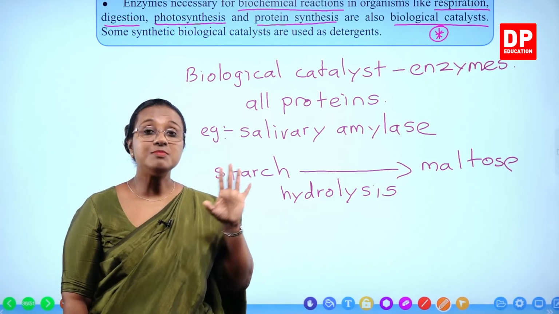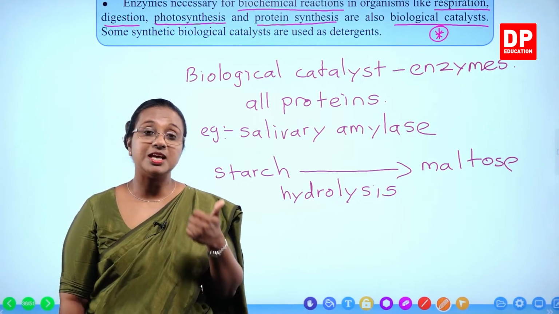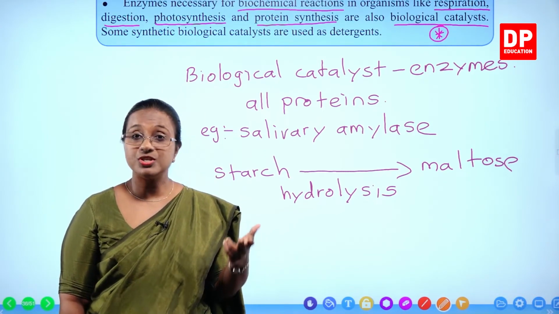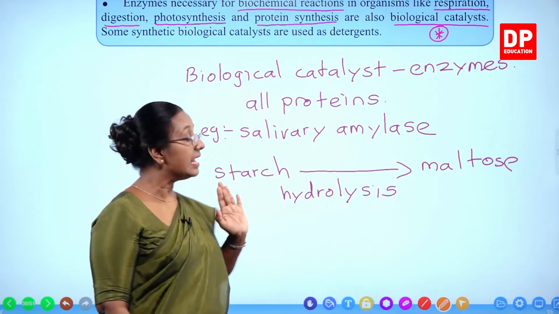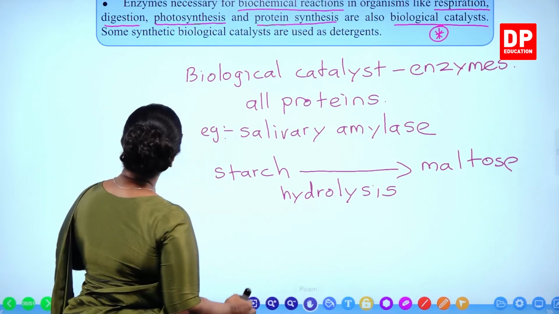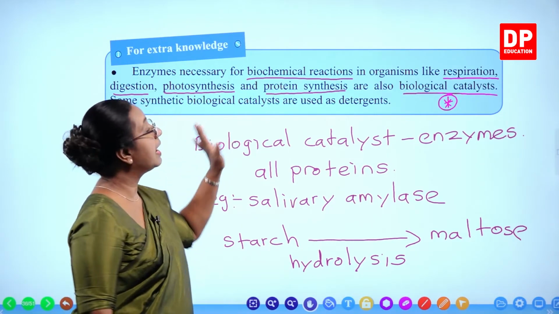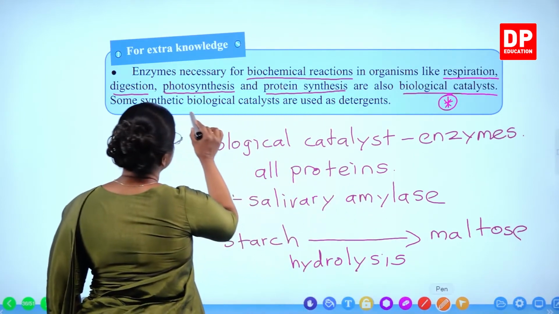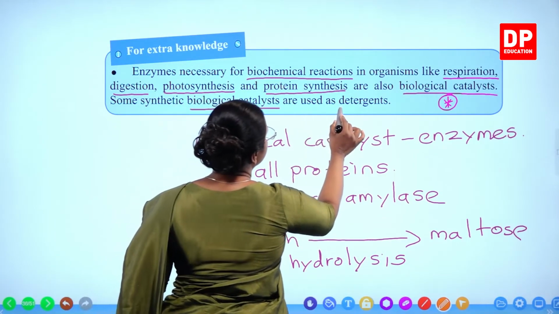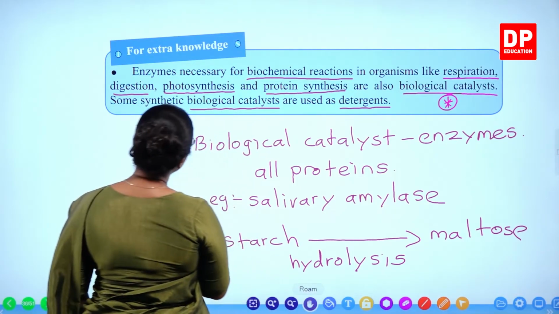And these enzymes increase the rate of many biochemical reactions like respiration, digestion, photosynthesis, and protein synthesis. In addition to these biochemical reactions, there are some synthetic biological catalysts, and they are used as detergents. Now, these biological catalysts are used as detergents. How does that happen?